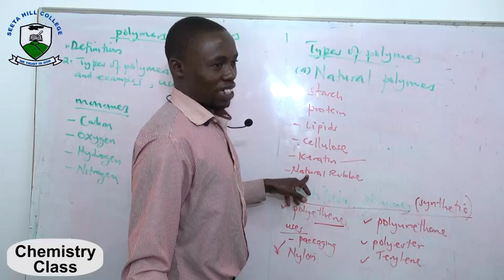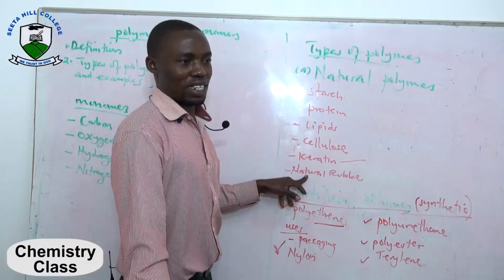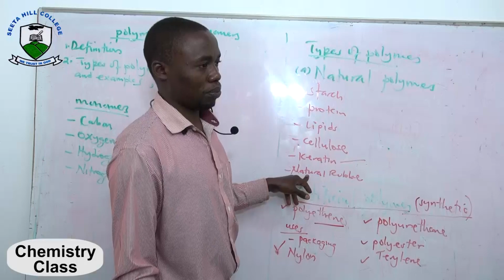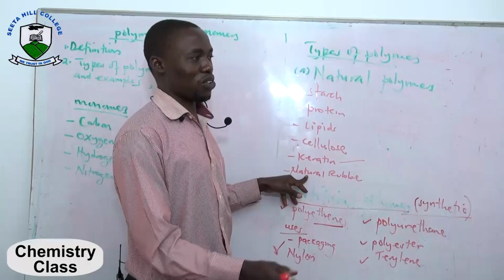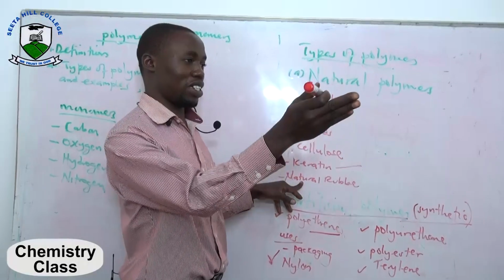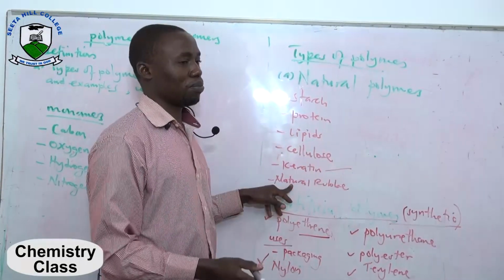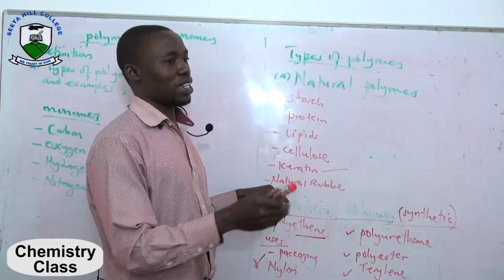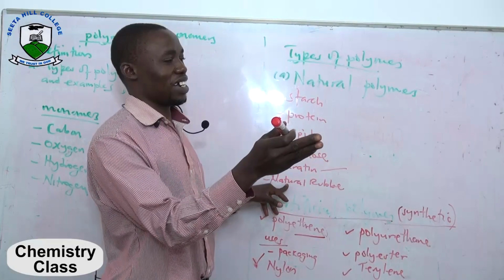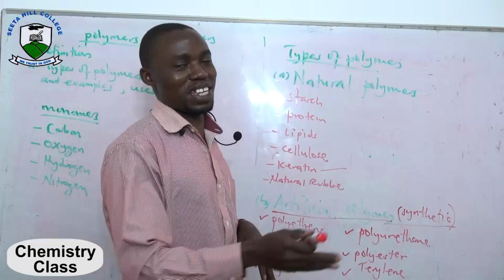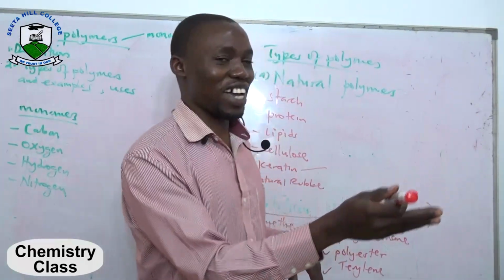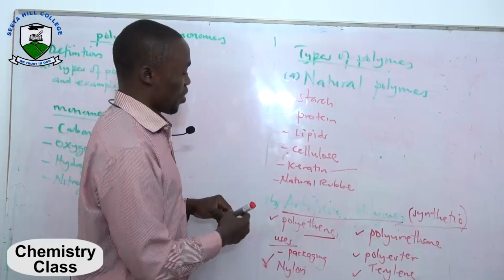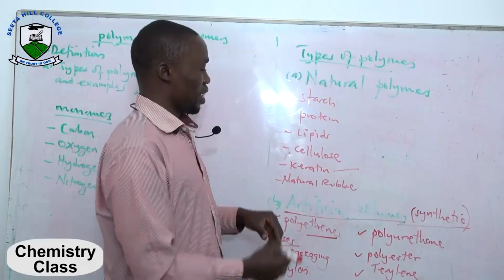Natural rubber has many uses. Let me have one use of natural rubber. Rubber, basically, what is the use of rubber? Making erasers, for rubbing.